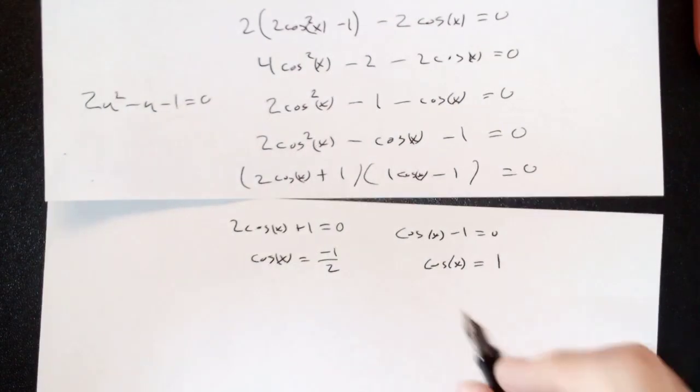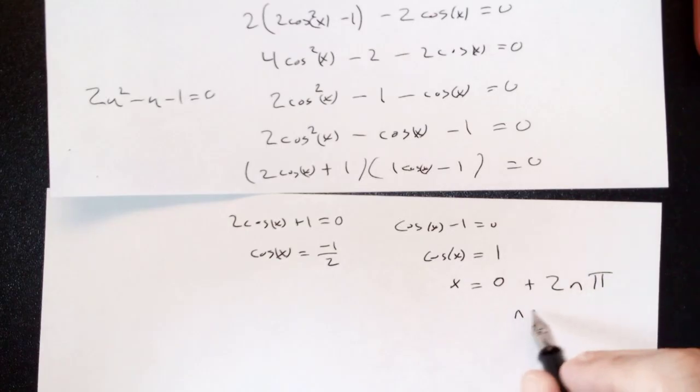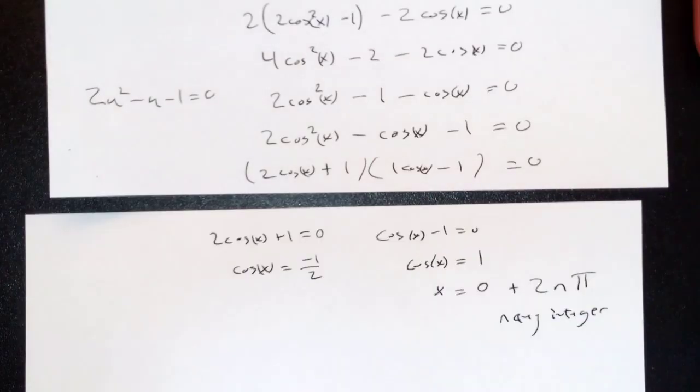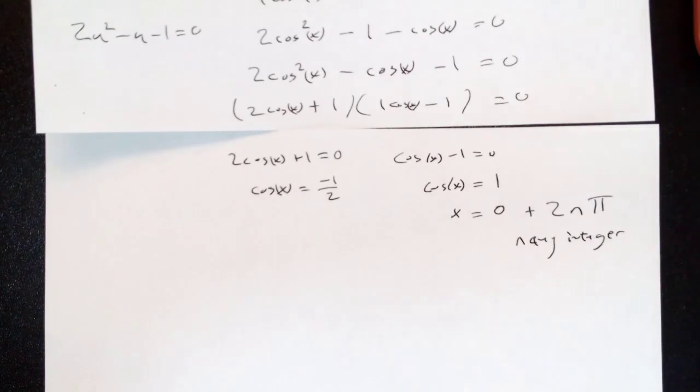So I end up with x equals 0 plus any multiple, positive or negative, of 2 pi. That's cosine x equals 1. Cosine is negative in which 2 quadrants? 2 and 3. Cosine is minus 1/2 for what angle?